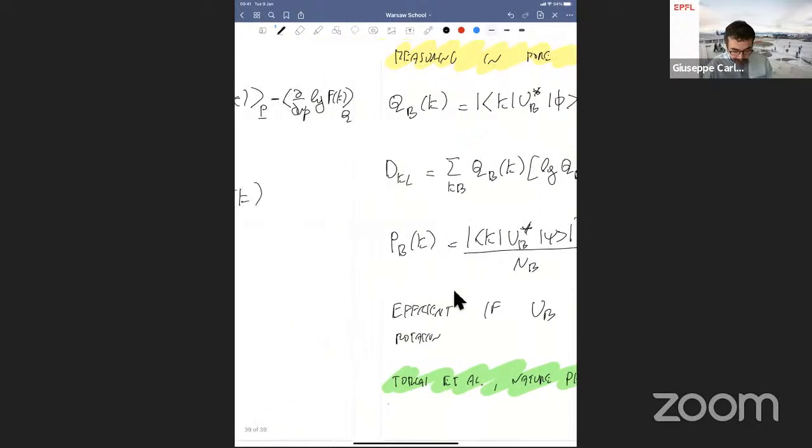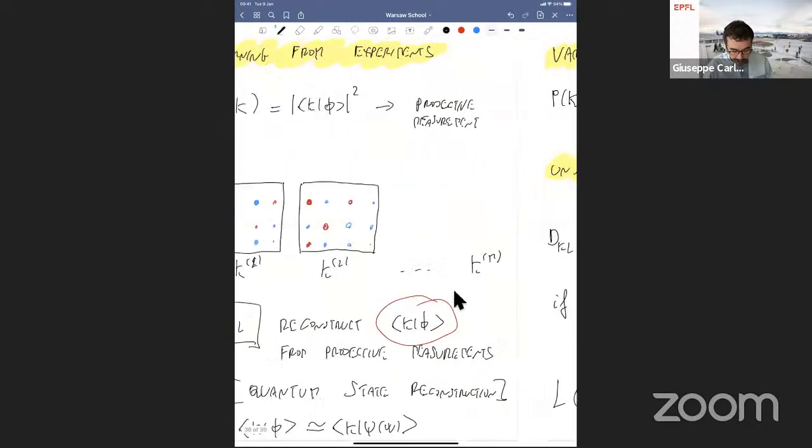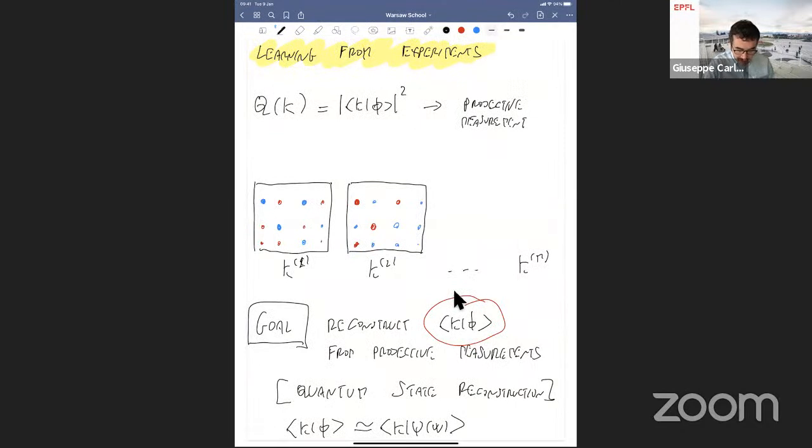No. The motivation is that if you measure only in one basis, you see that the probability Q(k) is independent of the phase of this wave function phi. This wave function might have an arbitrary phase that is not reflected in Q because there's a square.